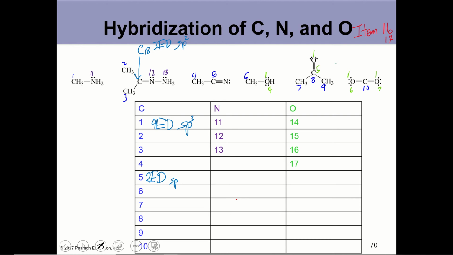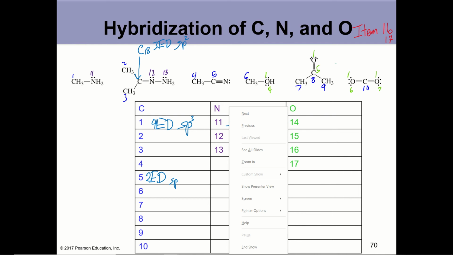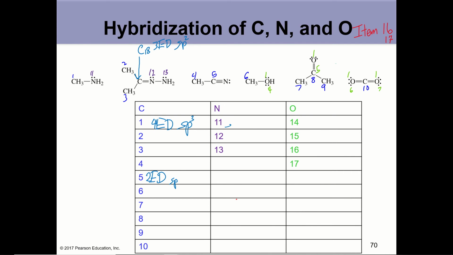And so 2 bond sites and 1 lone pair is 3 electron domains. And it is going to be, I think, a linear geometry.